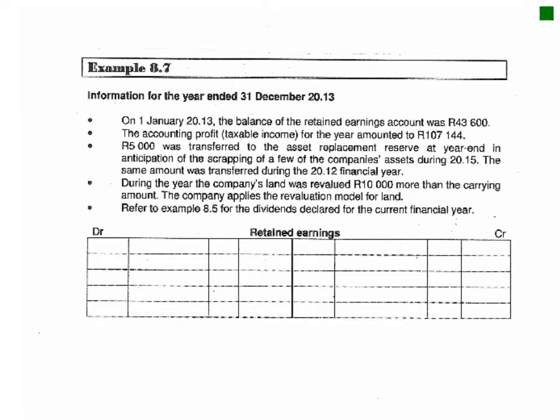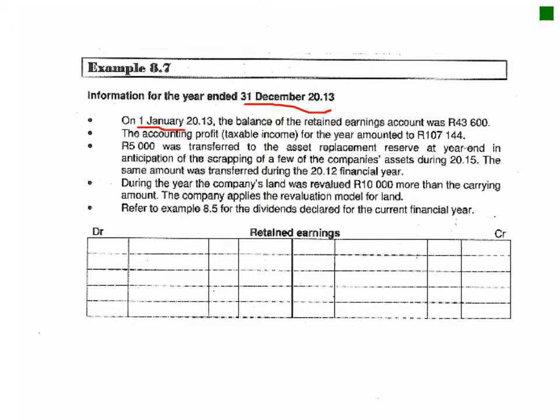Let's try now example 8.7 in your book, which is going to pull together all the transactions that you can expect in your retained earnings account, but also what we've discussed with revaluations and transfer to asset replacement reserves. Here we have the year ended December 2013, and we have a balance on the 1st of January.